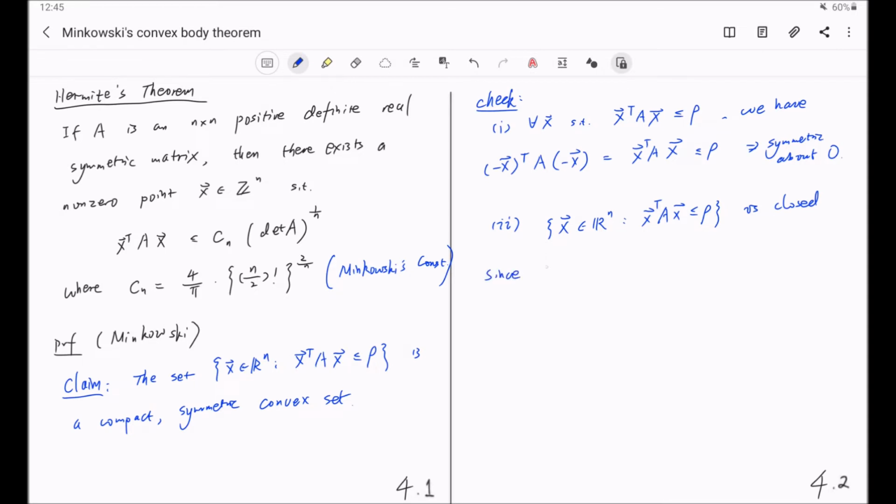Since A is positive definite real symmetric, we can write A as O^T times the diagonal matrix with the eigenvalues of A on the diagonal, times O, where the lambda sub i's are all positive, because A is assumed to be positive definite.